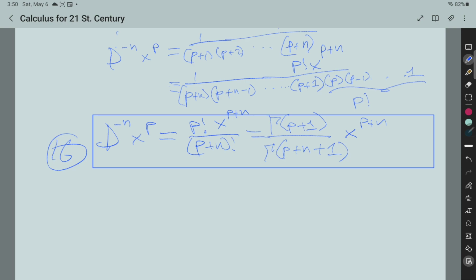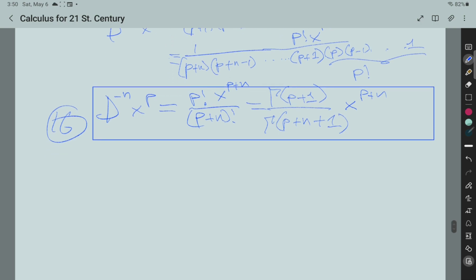All right, so what happens if you have a mixture between negative value and positive value? So let's go with the easy one first. Suppose you have d to the m derivative on d to the minus n, and then acting on x to the p like this. What is the answer?